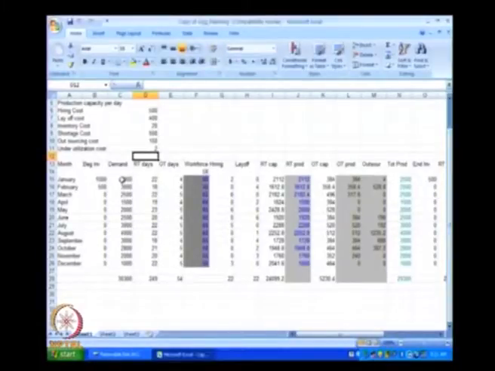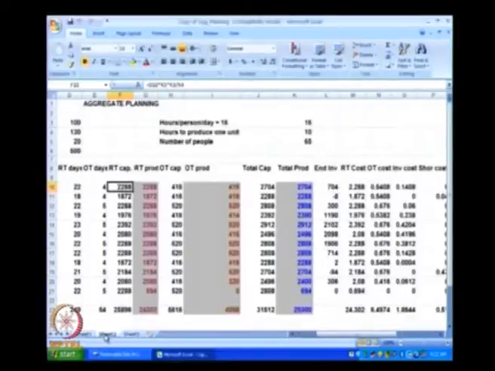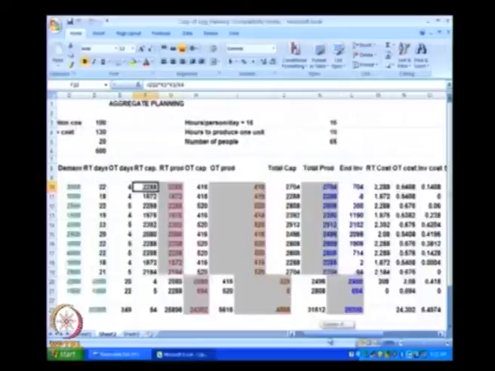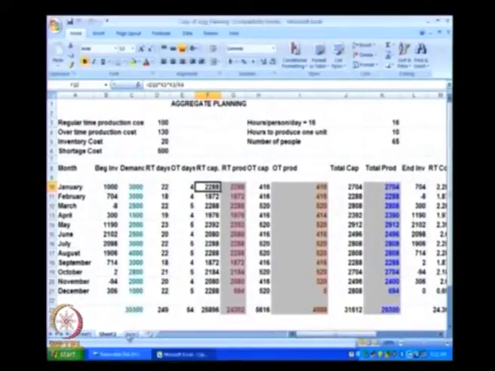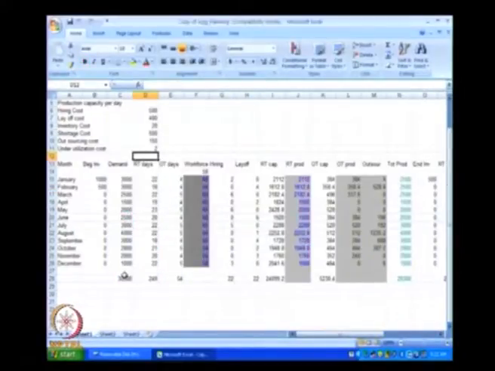We consider the same demands of 3000, 3000, 2500, 1500, etc. You can compare this 3000, same demands we consider, 30,300 is the total demand, same 30,300. Regular time days are the same, overtime days are the same.